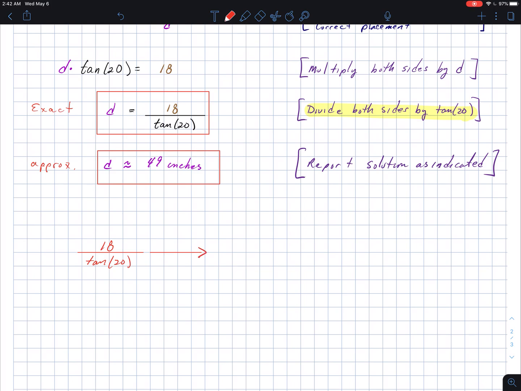I would write 18, then I would make my division, right? Then, just in case, to be really careful, make a parentheses, then tan, then it will make its own parenthesis, put 20, and put 2 parentheses. This is what I input into the calculator. And then round.